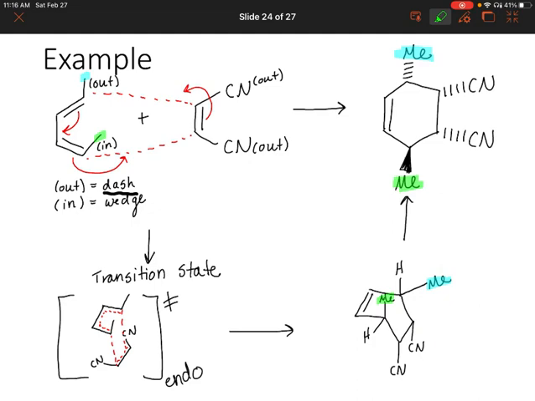So it's in a wedge position. So I don't know if the three-dimensional drawings are helping at all, but if you're feeling a little lost with the 3D stuff, that's okay. Just remember that if groups are pointing out, there'll be a dash on the product. If they're pointing in, they'll be in a wedge in the product. That's the key part.